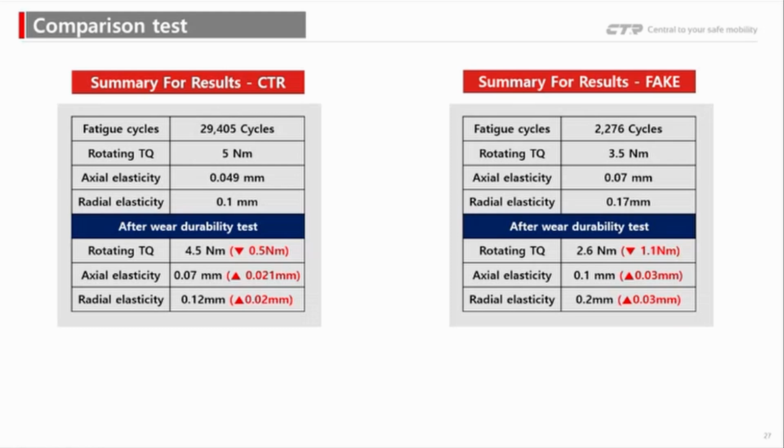That's a huge difference in durability. Rotation torque: CTR parts started at 5 Nm and slightly dropped to 4.5 Nm after testing. The fake parts start much lower at 3.5 Nm, and after wear testing, it dropped significantly to 2.6 Nm, indicating loss of preload and internal wear.